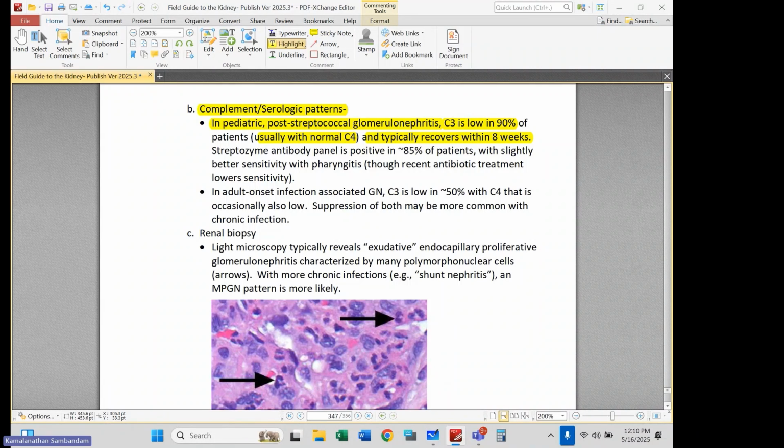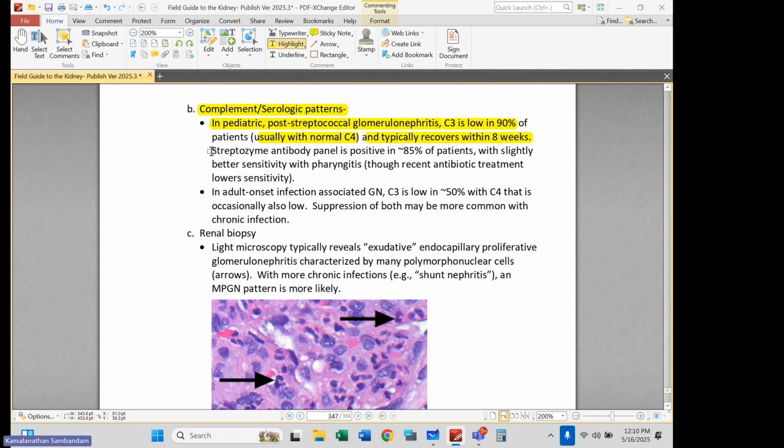They may have the depressed complements, and then one sometimes will wait for a few months to see whether things get better before looking at alternatives such as C3GN in a pediatric patient. So again, sometimes this typical timeline of C3 evolution, depression followed by recovery within 8 weeks, is utilized to take a more conservative approach before committing to kidney biopsy in a patient.